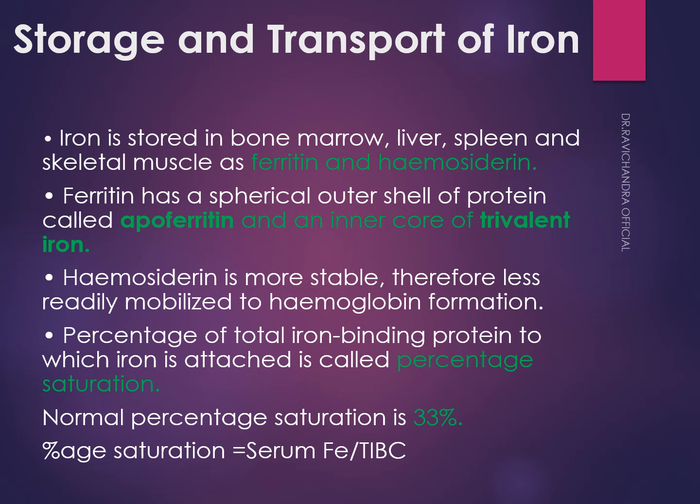The percentage of total iron binding protein to which iron is attached is called percentage saturation or transferrin saturation. It can carry a maximum of 6 Fe+3, but at a time it will definitely carry 2.